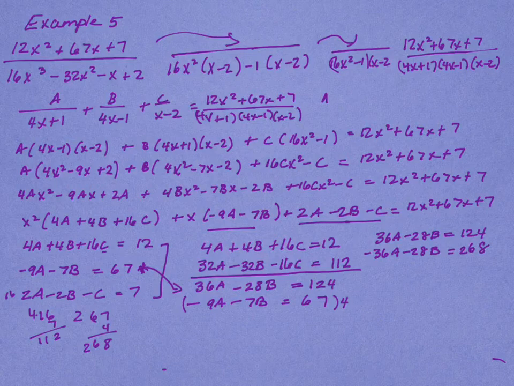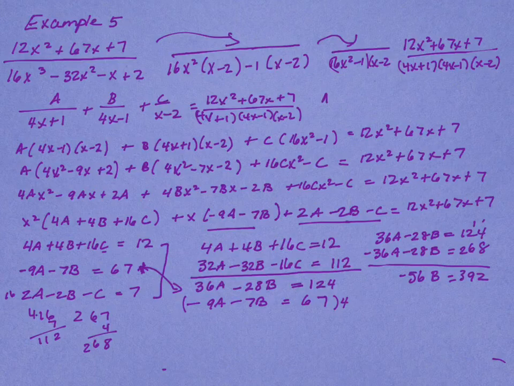You'd be mad if we went this far. Okay, add these two together, and I got 0A. And then I have negative 56B equals, and then let's add this, 392. So negative 56B equals 392.